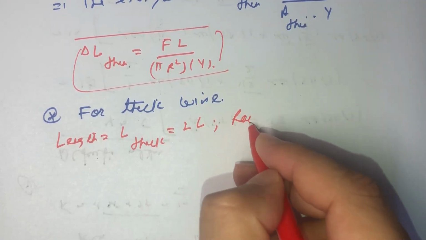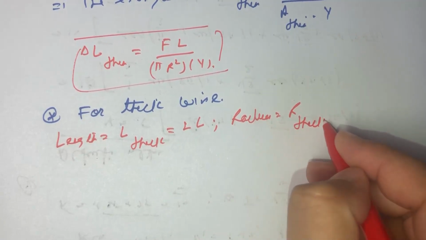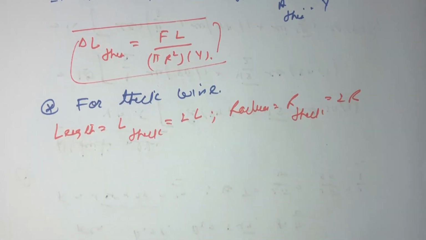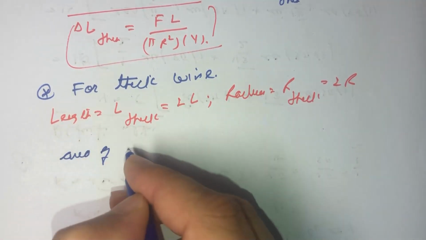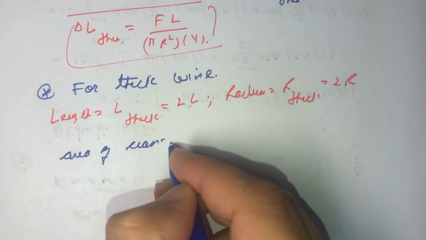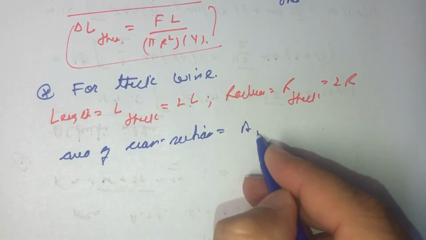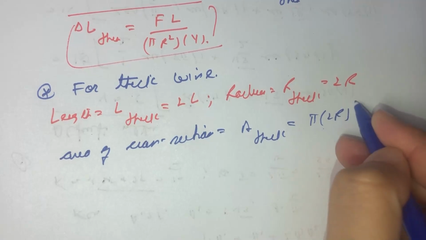Radius R thick is given as 2R. So therefore the area of cross section, this is A thick, will be equal to pi 2R square.